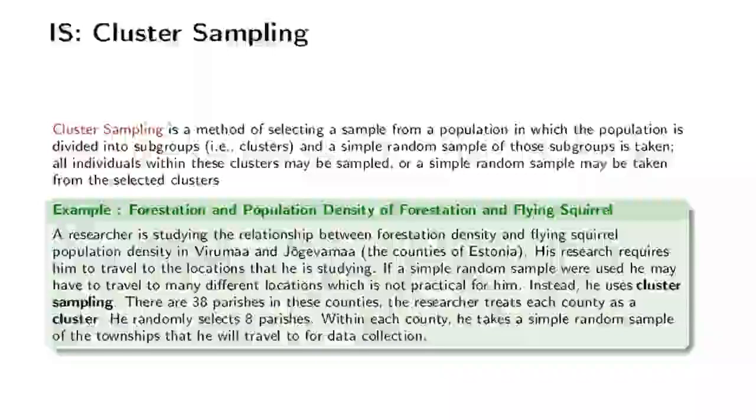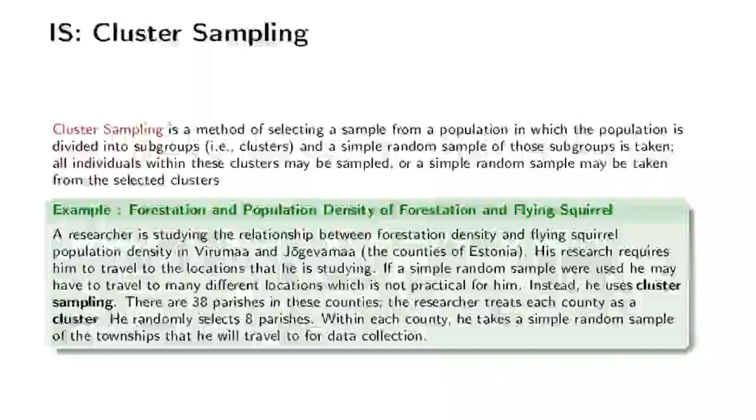Let's have an example: forestation density and flying squirrel population density. A researcher is studying the relationship between forestation density and flying squirrel population density in certain counties of Estonia.